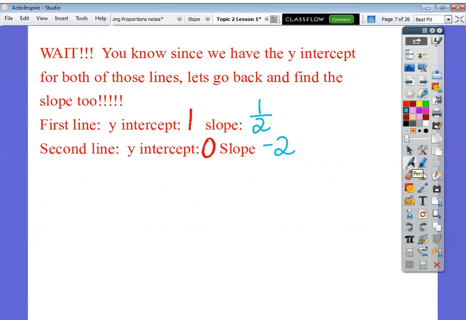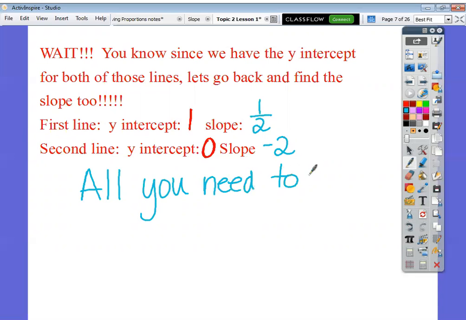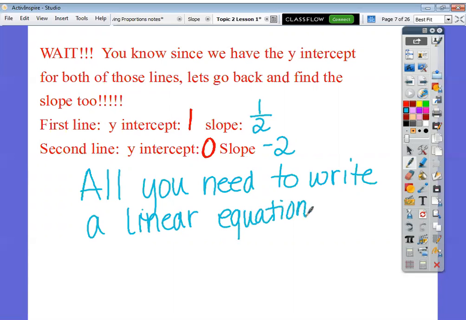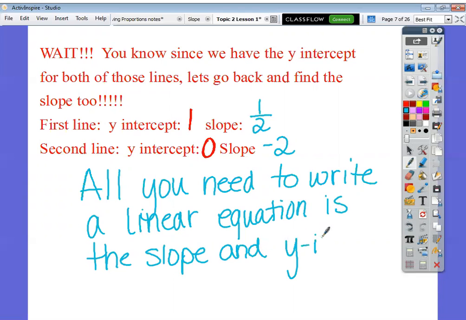Okay, all you need to write a linear equation is the slope and the y-intercept. If you have those 2 pieces, you can write an equation.